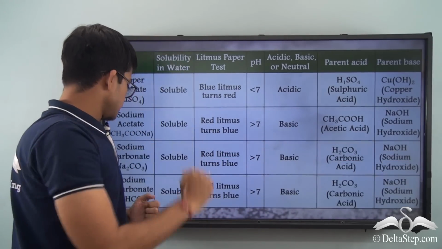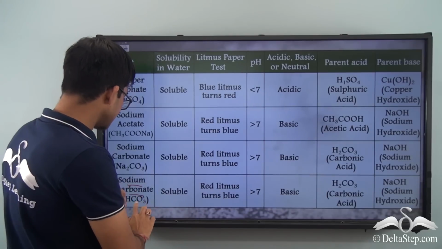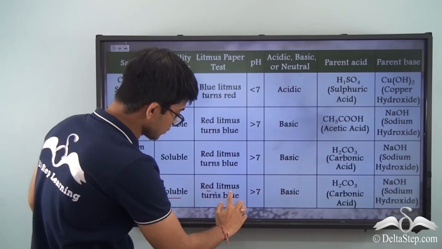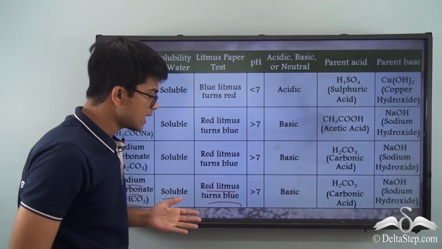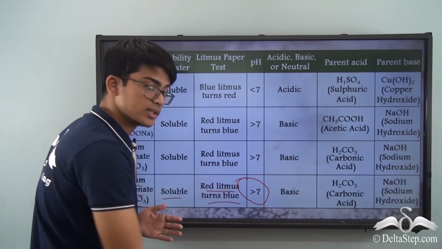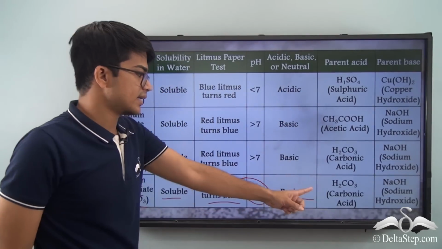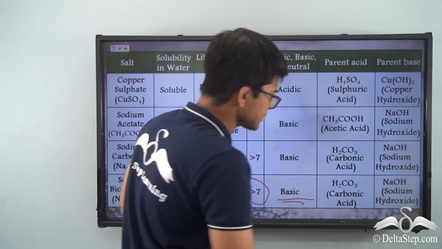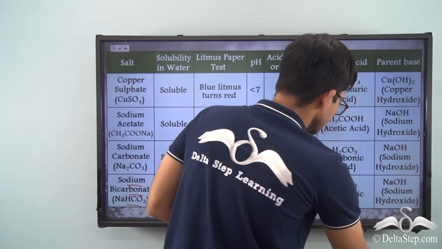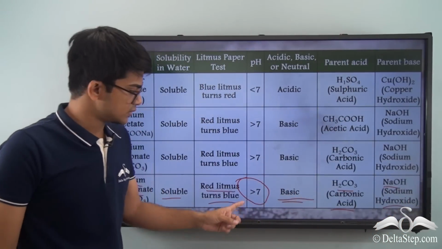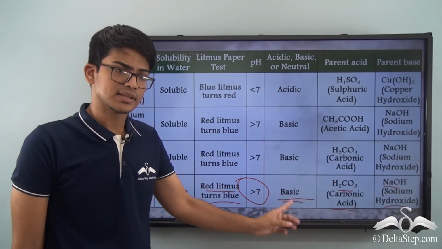And finally we have sodium bicarbonate, that is NaHCO3, which is soluble. In this case also red litmus is turning blue and the pH is more than 7, which is why the result is basic. Carbonic acid, as we already discussed, is a weak acid, and NaOH is a strong base, which is why the final result is basic.